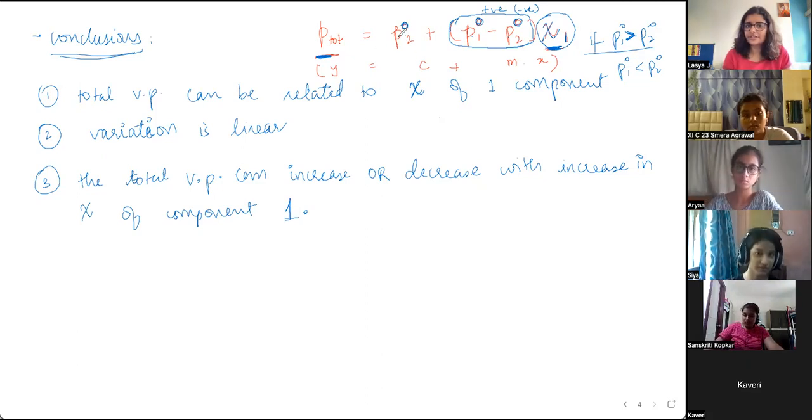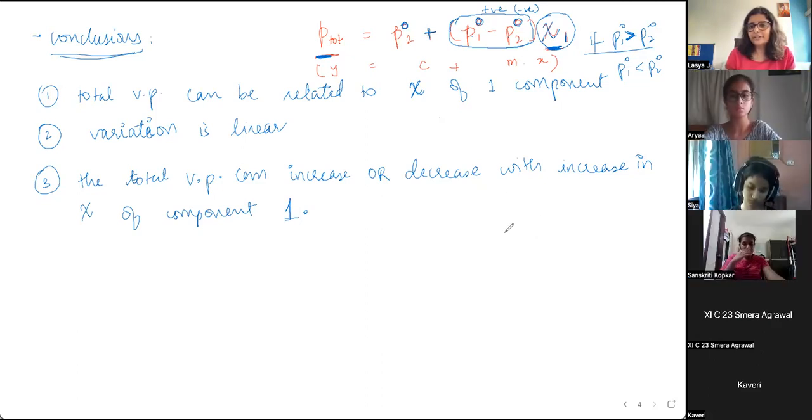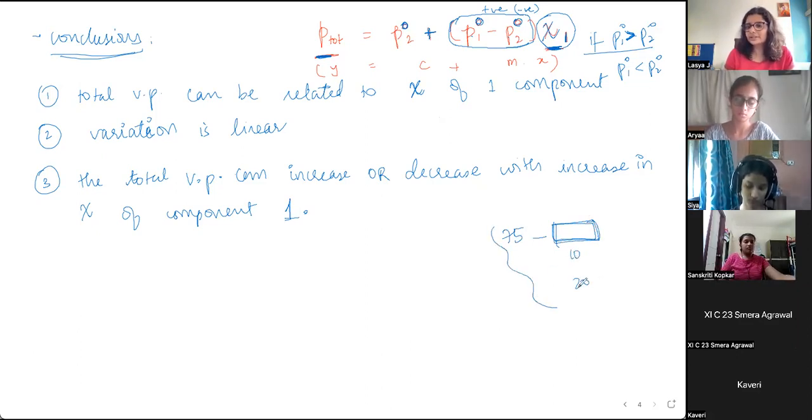Okay, so this is not changing. So I'm adding, so if P2 is 75, I'll get 75 minus some value. So if this value keeps increasing, 75 minus 10, 75 minus 20, the overall keeps decreasing. Right? So even though I keep increasing X, the mole fraction, my total vapor pressure keeps on decreasing.